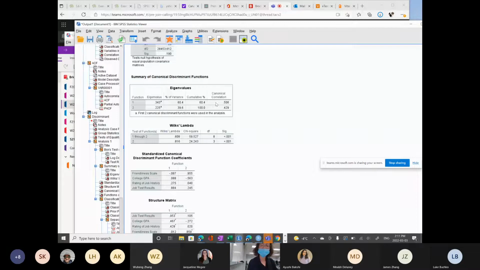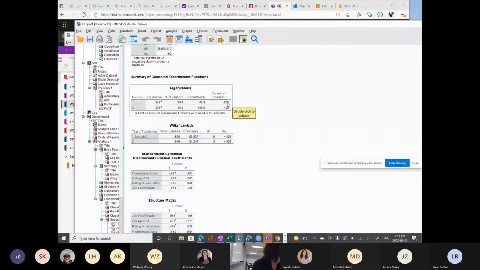We also get this canonical correlation. In this case, function 1 canonical correlation is 0.506.